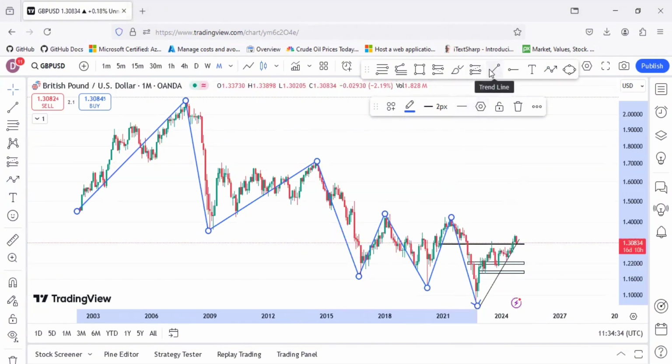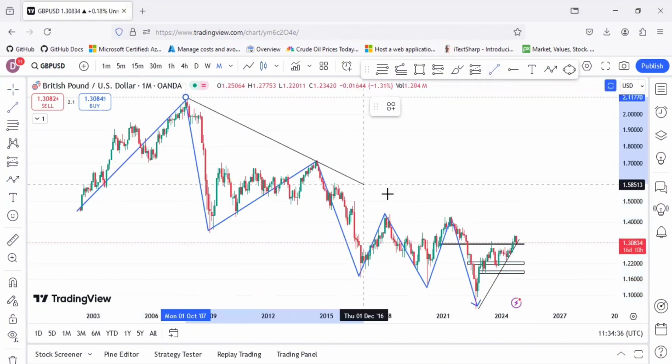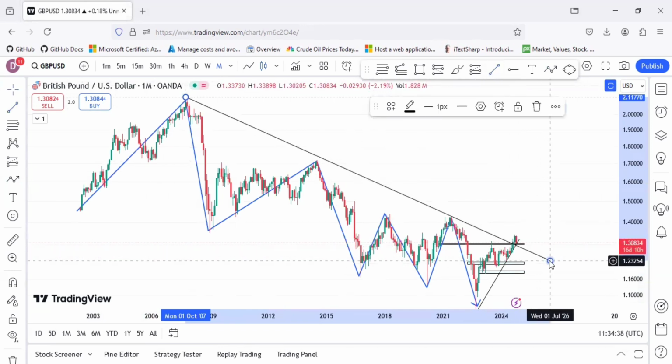And with the knowledge you have in how to draw a trend line, if you draw a trend line, you can see that the trend line is tipping lower. So that means you are in a downtrend, but the trend line will properly give you that visual that you need to know that, okay, this market is in a downward movement.